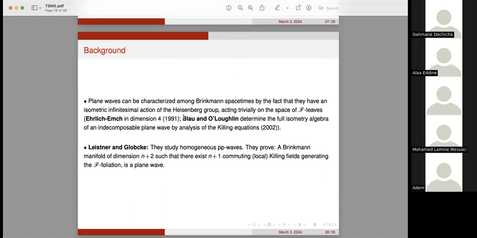And Blau and Loveland proved that plane waves are characterized among Brinkmann spacetimes by the fact that the Lie algebra of Killing fields contains a Heisenberg algebra which acts transitively on the leaves of this foliation.